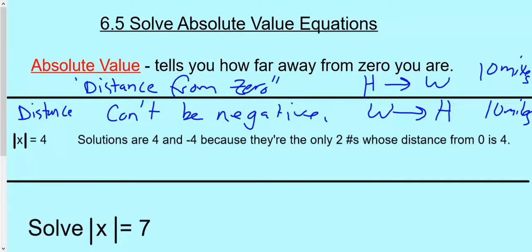So the absolute value of x is equal to 4. The solutions are 4 and negative 4, because they're the only two numbers that have a distance from 0 equal to 4. 4 is 4 spaces away, and negative 4 is 4 spaces away from 0.